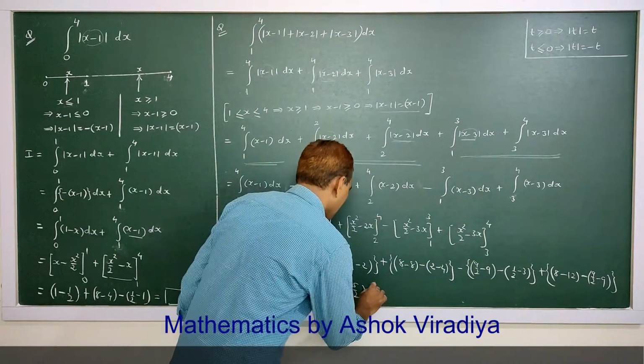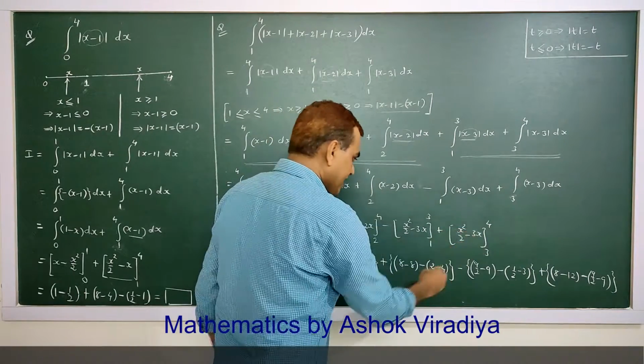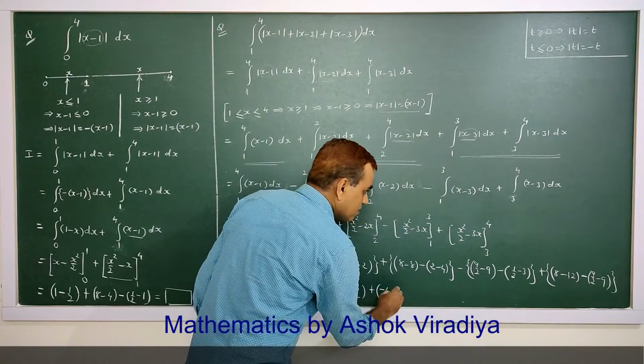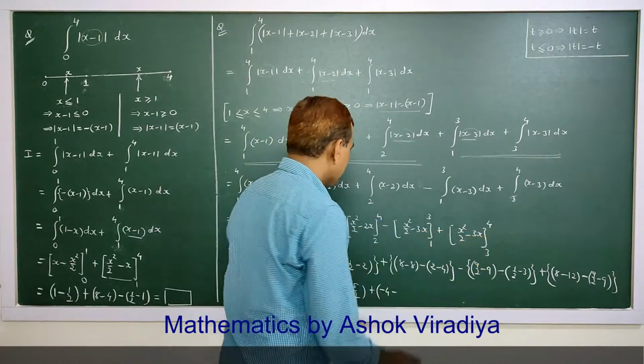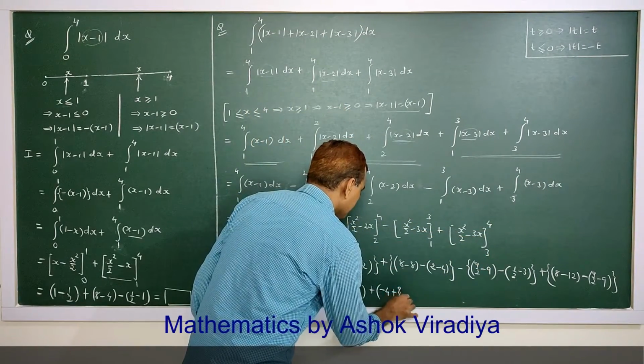Then last plus 8 minus 12 is minus 4, minus minus 9 by 2. So minus minus plus 9 by 2.